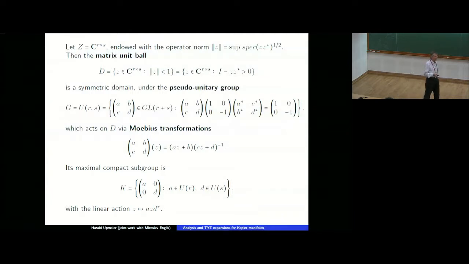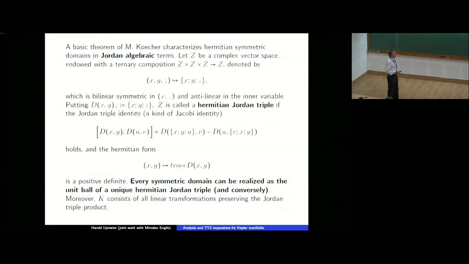But it is not the only one. Symmetric spaces are more complicated than just matrices. Well, because they are more complicated, we need more machinery. And there are two schools, one very widely used, namely the Lie theoretic approach, using root systems and all the semi-simple Lie theory. But Max Köcher realized in the 50s or 60s that there is also a more direct approach to symmetric spaces, which works best in the Hermitian case, not in the real case.